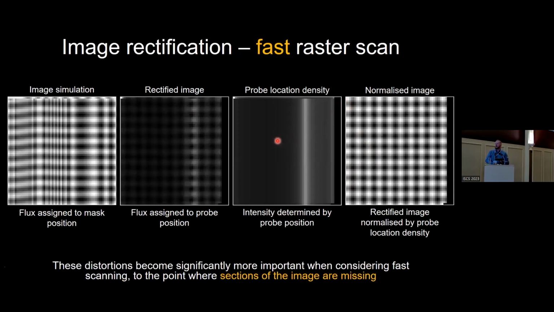So this is also important if you're not concerned about subsampling, obviously, but you're just concerned about faster scanning, where the distortions get even worse. In fact, there is a limit to how fast you can scan in STEM, never minding flyback distortions. So if your probe can't keep up with the rate that you're changing the scan coordinates, you get these distortions here, which you can see in the rectified image.